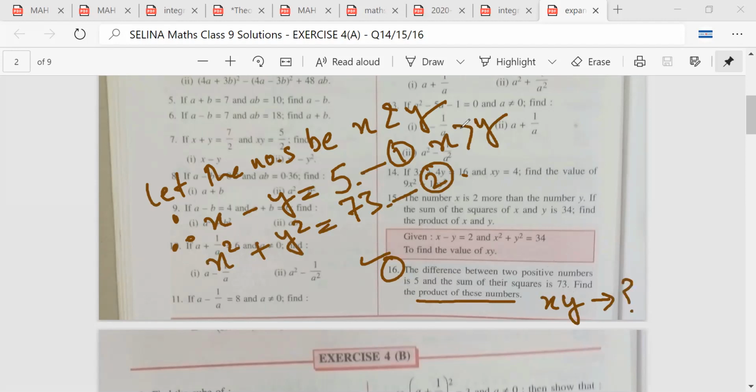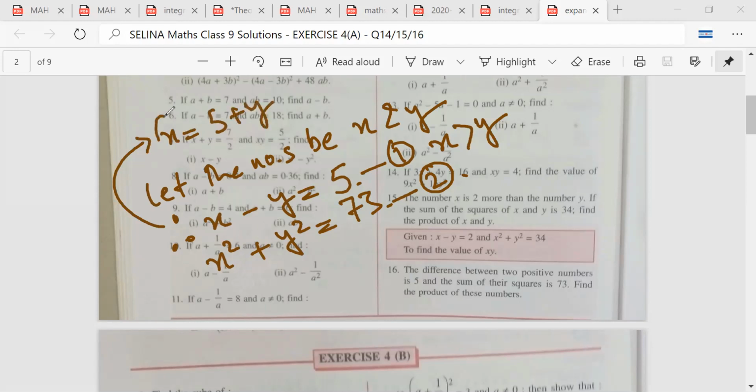See, in this question number 16, there are two ways of doing this. The first way is I can take the value of x from here: x is equal to 5 plus y. I can put this value of x in this equation. This will become (5 plus y) whole square plus y square is equal to 73.